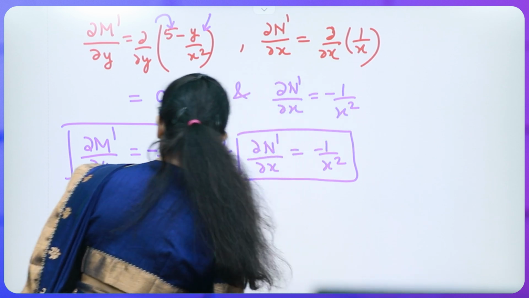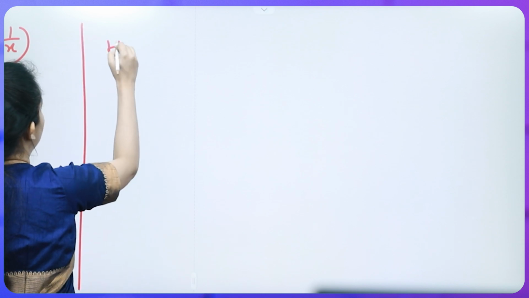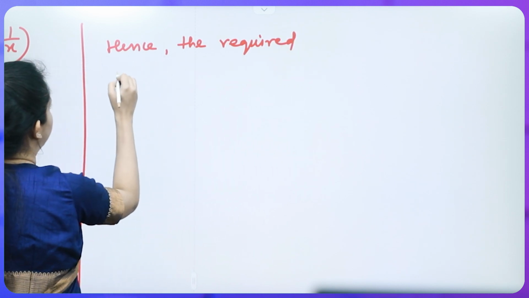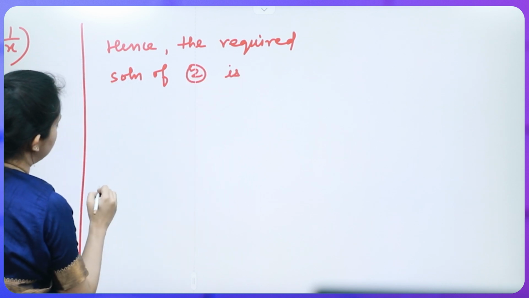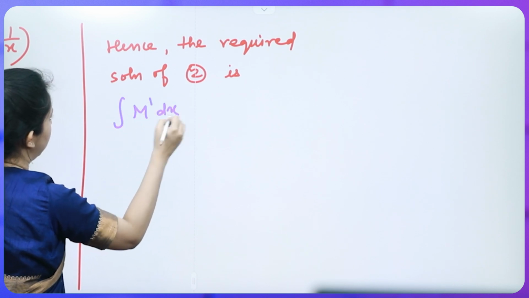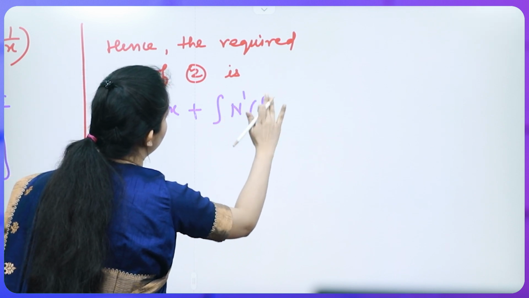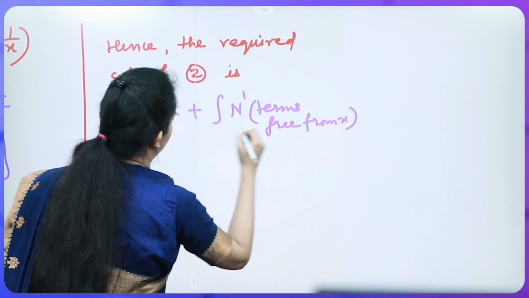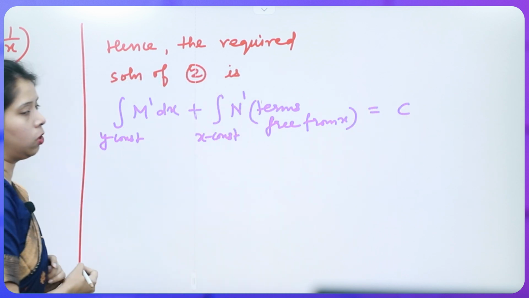Hence the required solution of equation number 2 is given by the formula, which remains the same for all the 4 rules: integration of M dash dx, where y is treated as constant, plus integration of N dash, taking only those terms which are free from x, is equal to c, where c is the constant of integration.